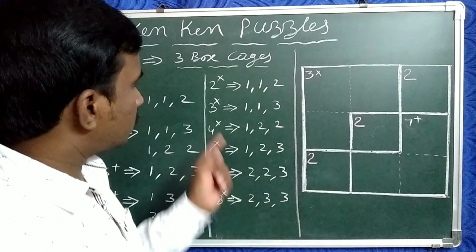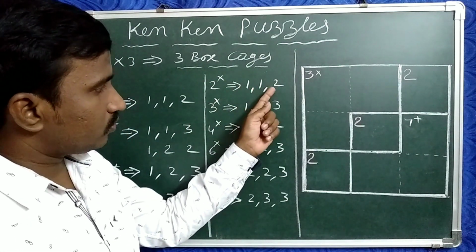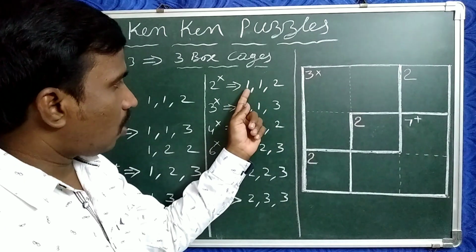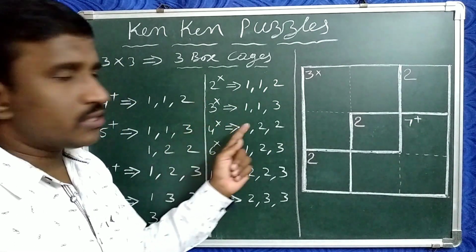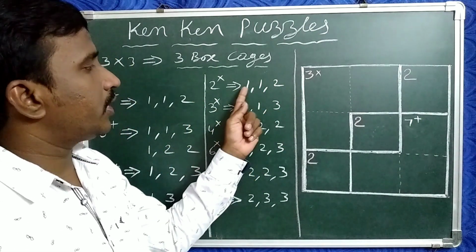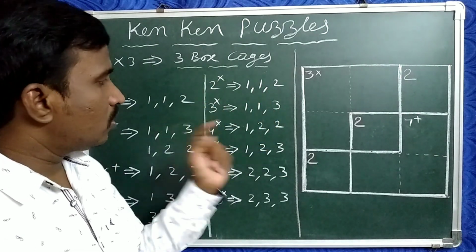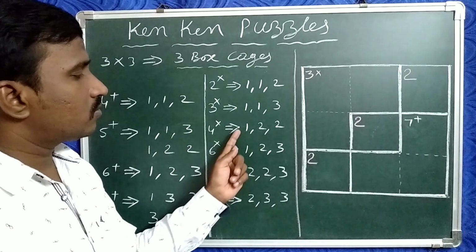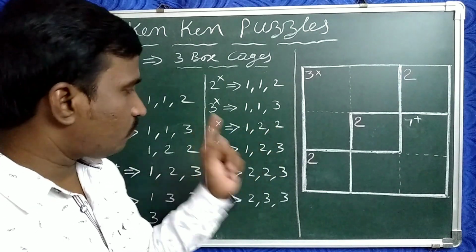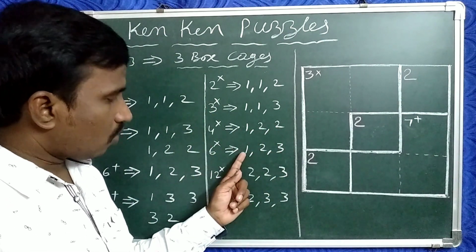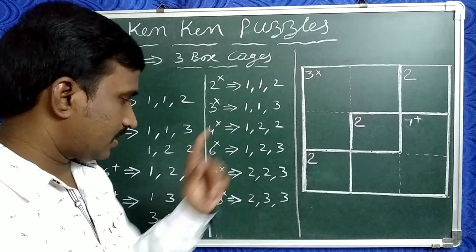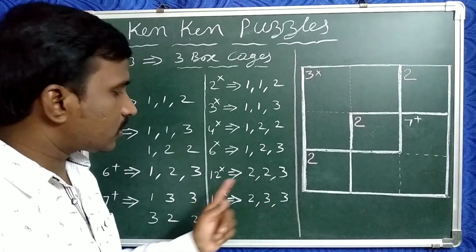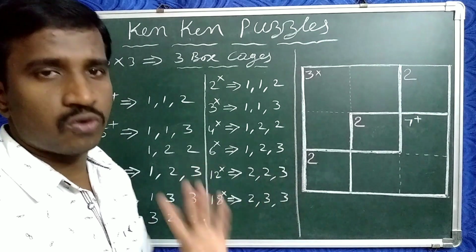Now the multiplication operation. 2 into means 1, 1, 2. This is also a corner box. 3 into means 1, 1, 3. Because 1 into 1, 1, 1 into 2, 2, and 1 into 1, 1, 1 into 3, 3. 4 into means 1 into 2, 2, 2 into 2, 4. 6 into means 1 into 2, 2, 2 into 3, 6. 12 into means 2 2s are 4, 4 3s are 12.